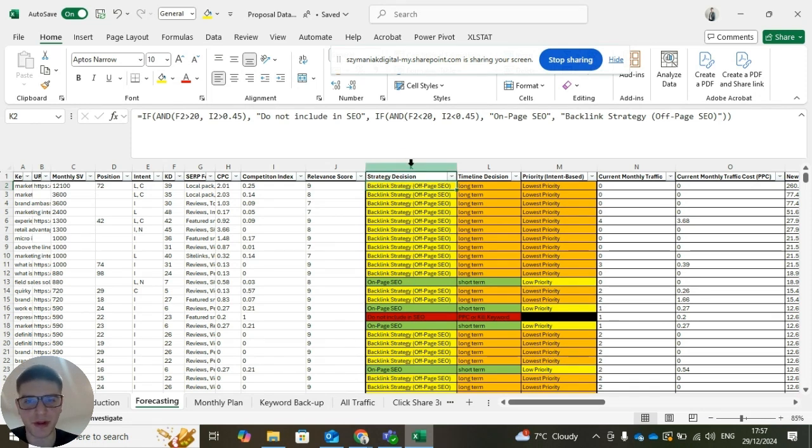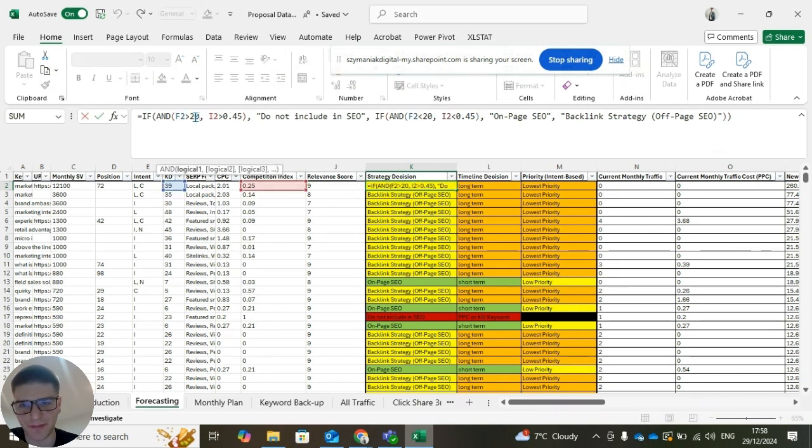What you could see in this example is a keyword put into the backlink strategy bracket because I've made a decision that if a keyword isn't as easy to rank for, so if it's higher difficulty, and if the competition index is also high, I put it into backlink strategy. In this particular scenario, the client has been running PPC campaigns with no SEO in mind or very little SEO.